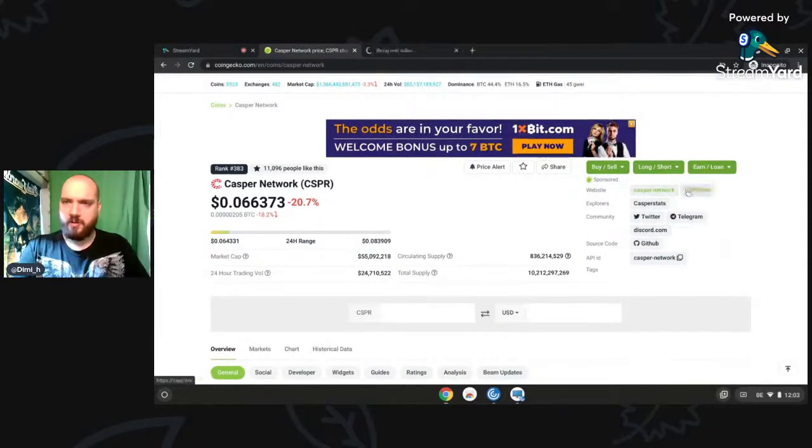So I'm already going to open them up. Explorers, I see Casper stats, which implies it has its own blockchain. That's positive news where it concerns me. Well, that's actually a positive sign. Each and every network should have their own blockchain to perform well, especially if you've got a network in the name. With that, I'm going to assume you are going to have a network with interconnected nodes.